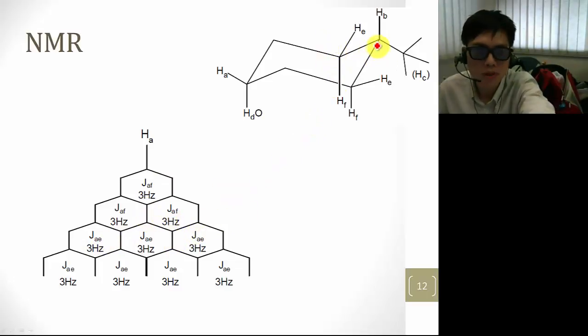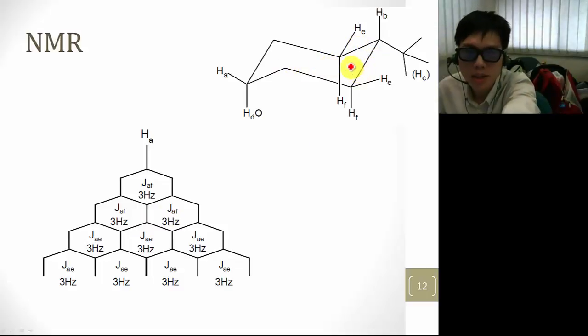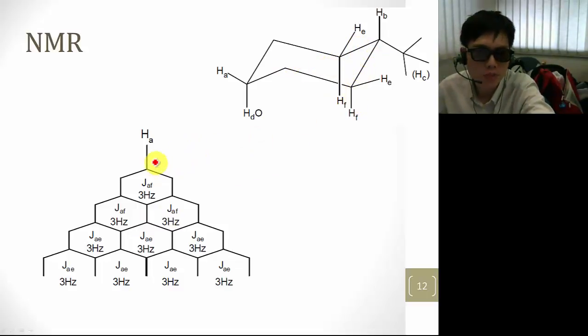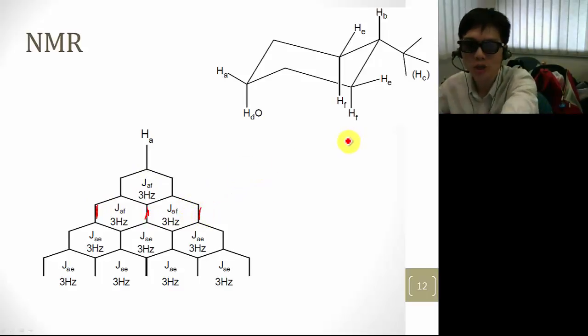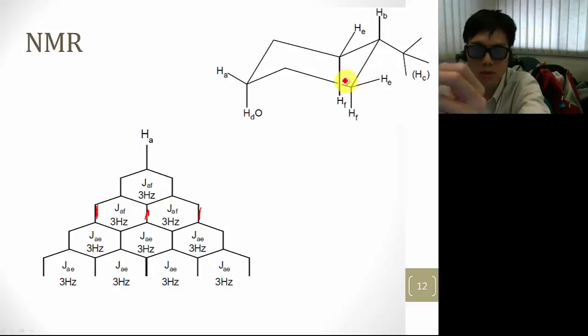It will also couple with HF. So you see the first part when it couples, you get a triplet, 1, 2, and 3, due to the two identical HF. But if you look carefully, HA and HF are at the same angle as HA and HE.